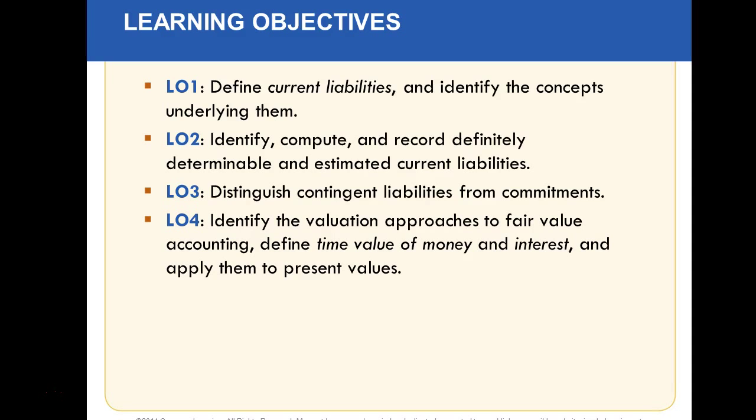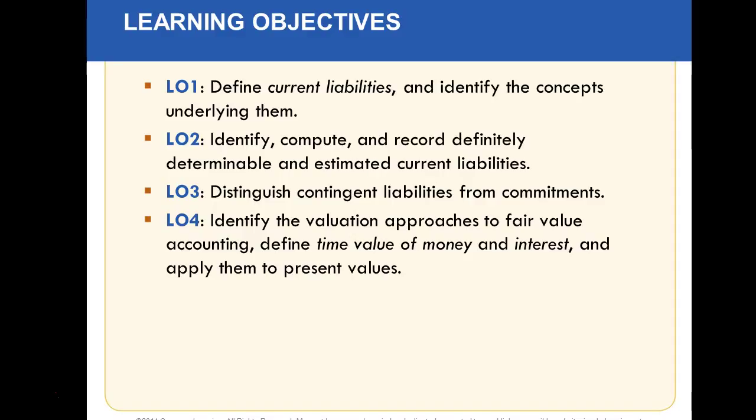Then we'll talk about a concept called fair value accounting, and in that, the time value of money. So a liability in 10 years from now of $1,000 is different than a liability today of $1,000. Why? Because of the time value of money. As money sits, it grows.